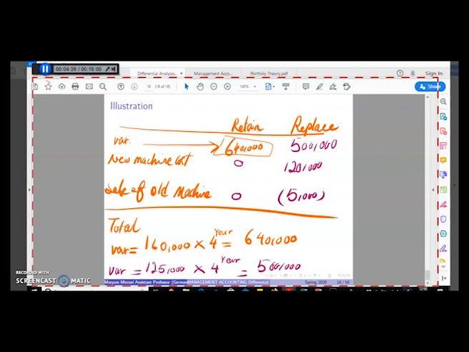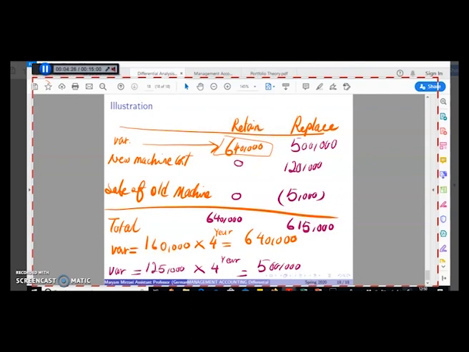Now if I calculate the total for each item, for retain, the total will be 640,000 because this is the only thing I have, and for replace it will be 500,000 plus 120,000 minus 5,000, which is 615,000.